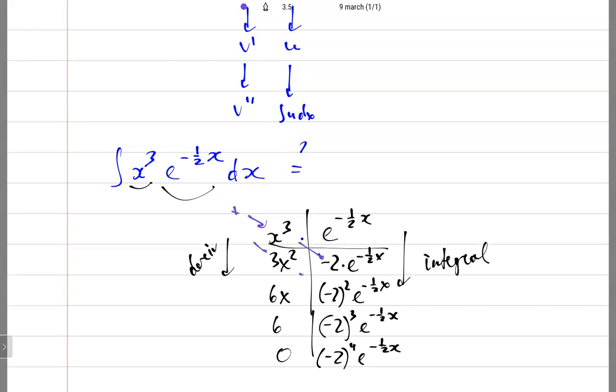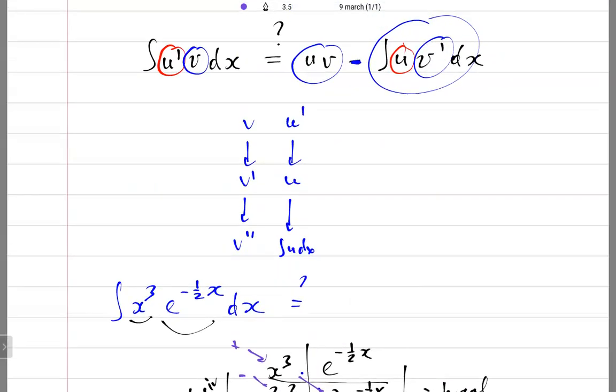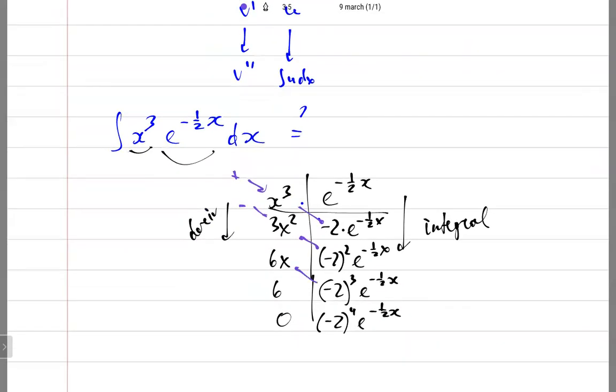Then I take the next diagonal product with minus, because it will be minus integral on the next step. The next product of uv is with plus. Once again, the next product of uv is minus, and the integral of 0 times something will be 0. So I need to take that one with plus, but not 0. So I write immediately the answer, very fast.